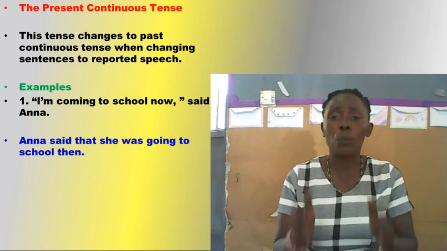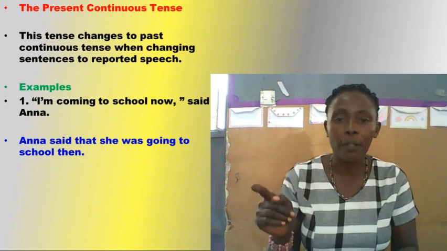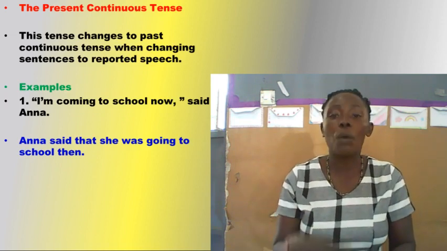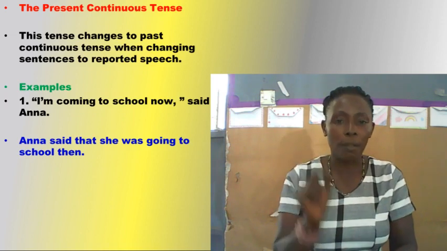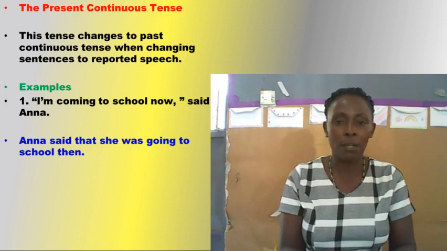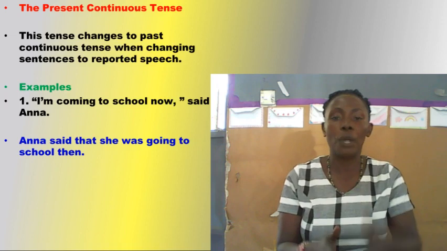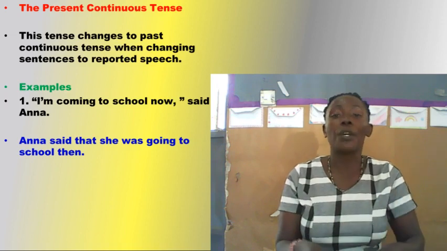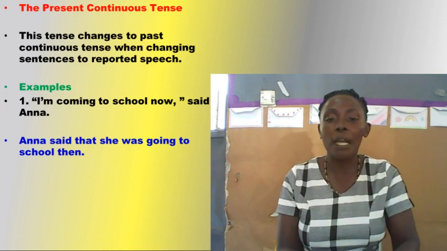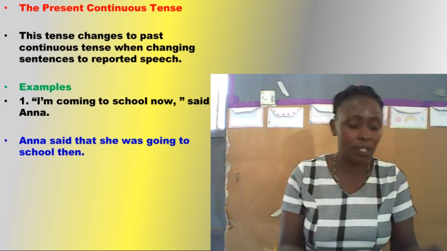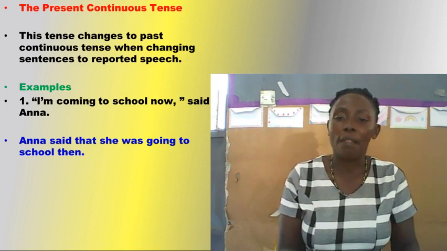She said that she was going to school then. The time I saw her, she said that she was going to school then. Take note of that. For her, she said, "I'm coming." When you're reporting, you don't need to bring back the word coming. Coming has to be changed to going. She said that she was going to school then.